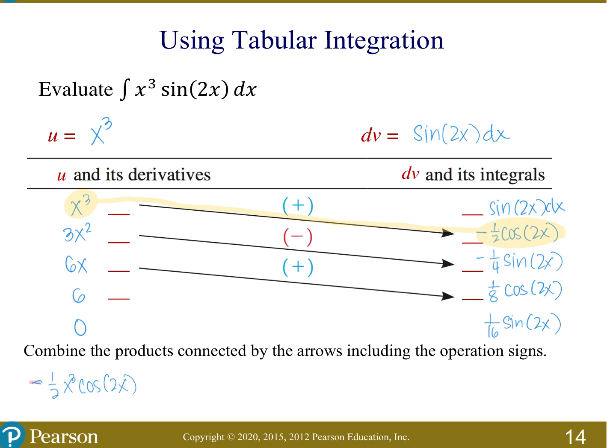So our next combination would be the 3x squared combined down to the negative 1/4. And as I cross the negative in the middle, I also have the negative on the 1/4. So my overall answer is going to be plus. So that would be 3/4 x squared sine 2x.